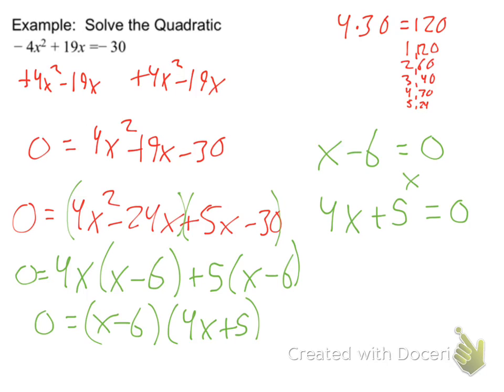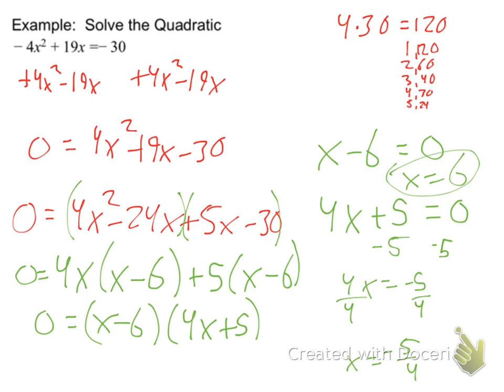So that means x equals 6 is one of them. Subtract 5. So 4x equals negative 5. Divide both sides by 4. So x equals negative 5/4. Not negative 1.25. Let's keep it in fraction form, improper, if need be. So we got two answers, 6 and negative 5/4.